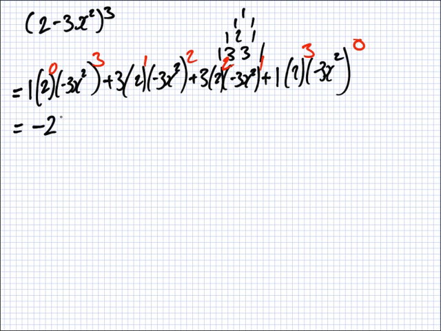That's minus 27x^6, plus, let me see, 9 times 2 is 18, 54x^4.